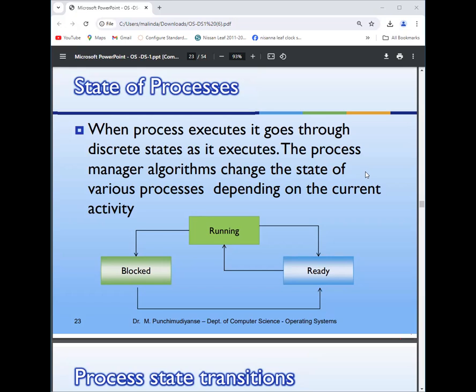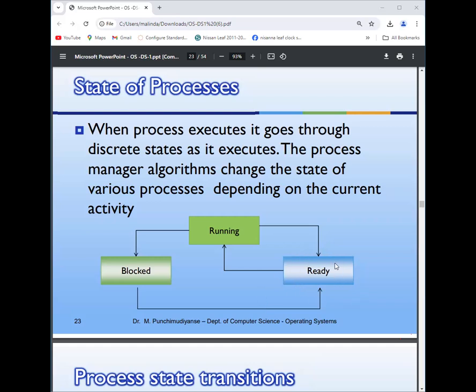This state of a process is very much needed when you have a process in the system. When a process executes, it goes through discrete states. The first one is when a process is created and it is ready to run, we call it the ready state.